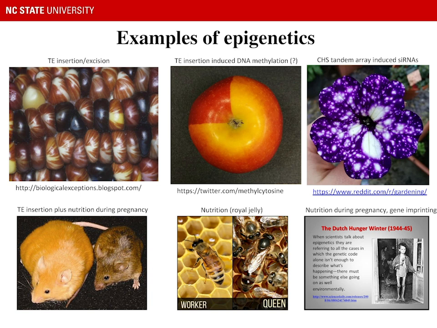There's another famous example, the agouti mice. This strain of mice is due to a transposon insertion into the promoter of the agouti gene, so that the gene is now regulated by DNA methylation of the transposable element. These are two genetically identical mice.